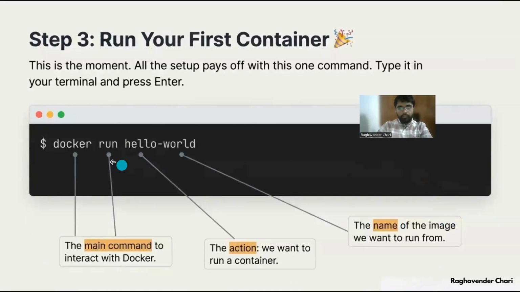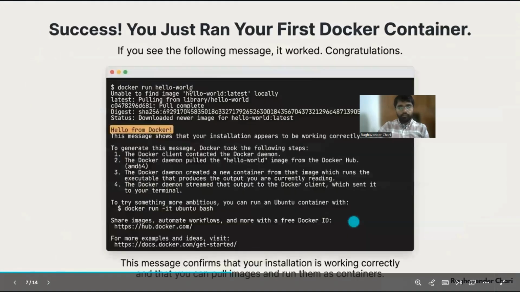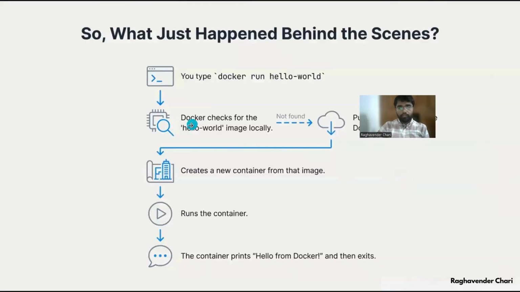And in this command, docker run hello world, docker is the main command to interact with Docker, and run is an action. So we want to run a container from the name of the image, and this is how you'll see the successful message.